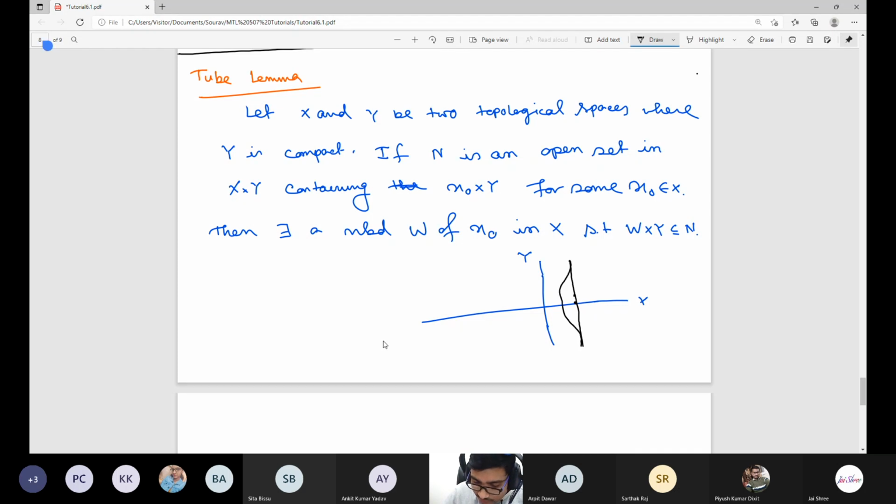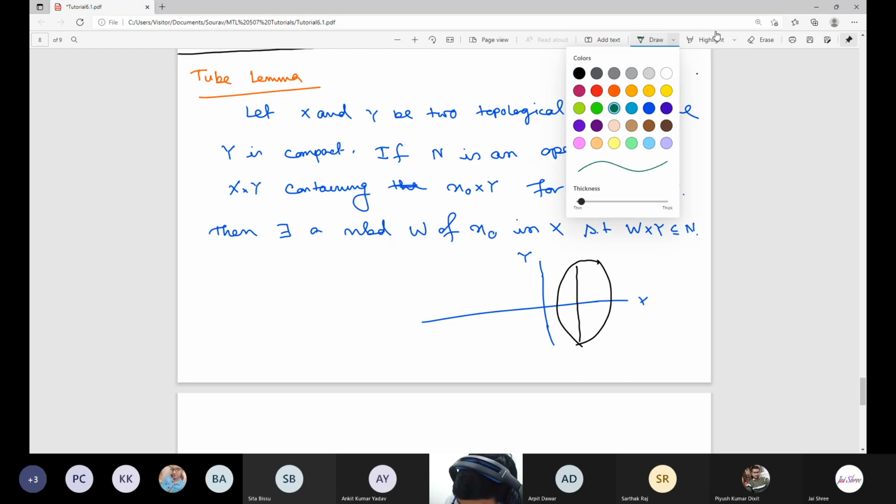So this kind of neighborhoods are there. Or say you have a neighborhood here like this. Then you can prove that there is some W.